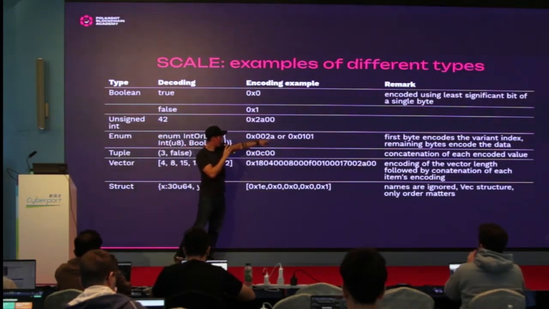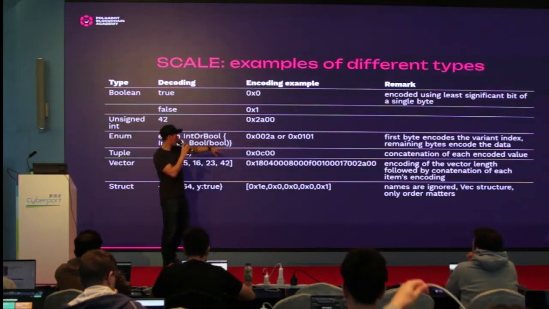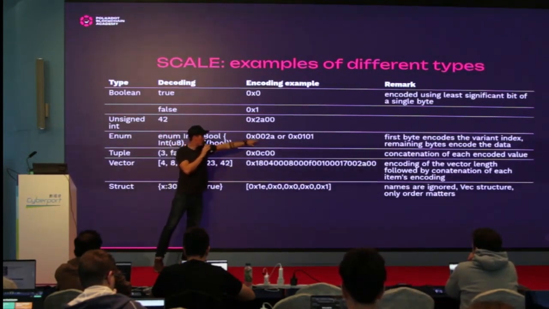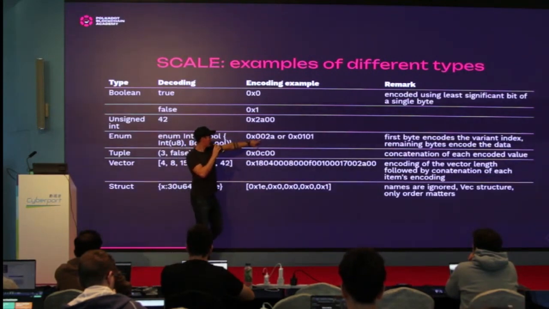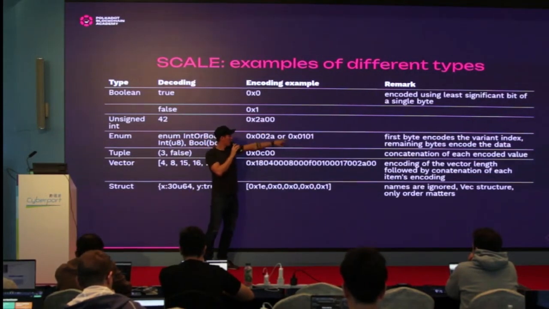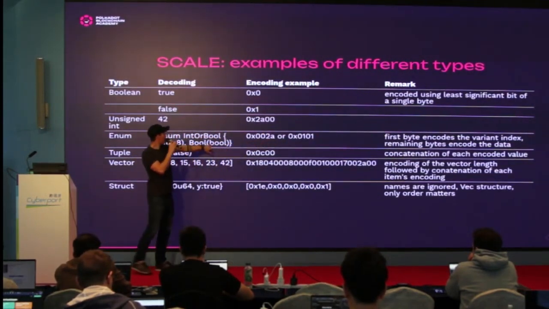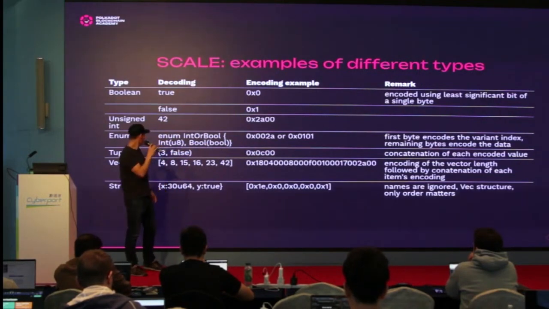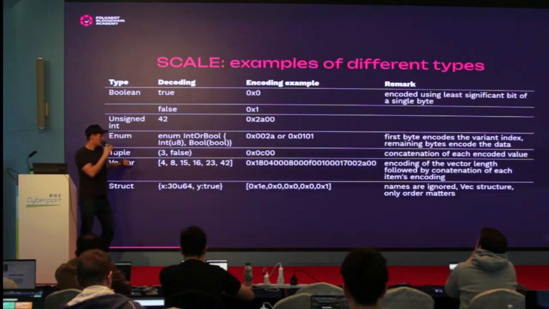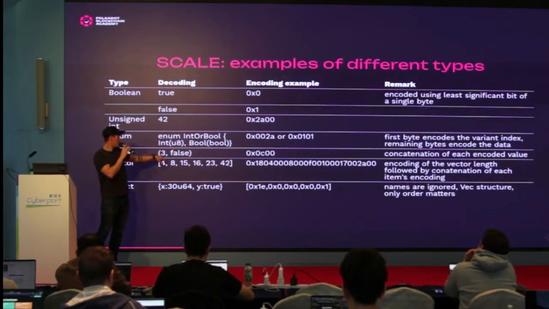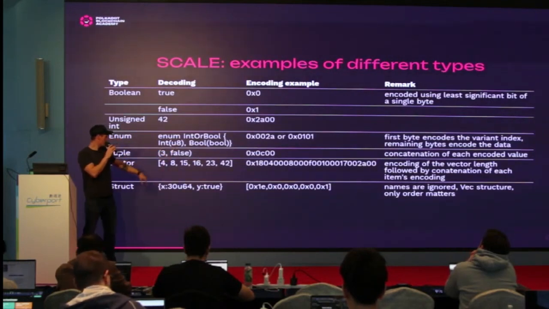And then the second one encodes the actual data, right? So who knows what this is? This is the first variant of the enum, and what's the value? 42. And here is a falsy value in that second case. Tuples, it's just a concatenation of the values, so 3 and a false.